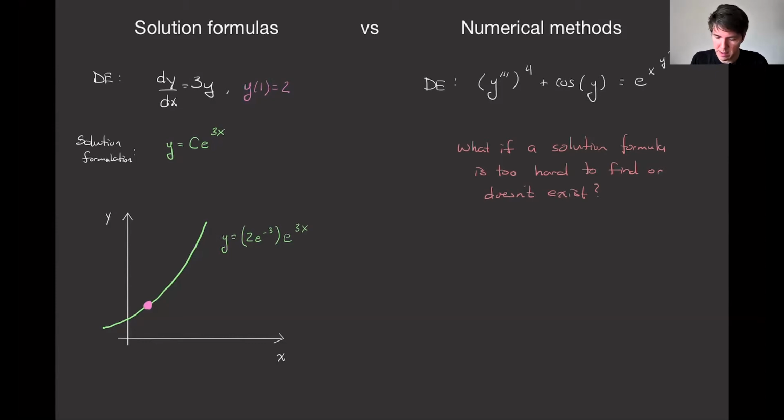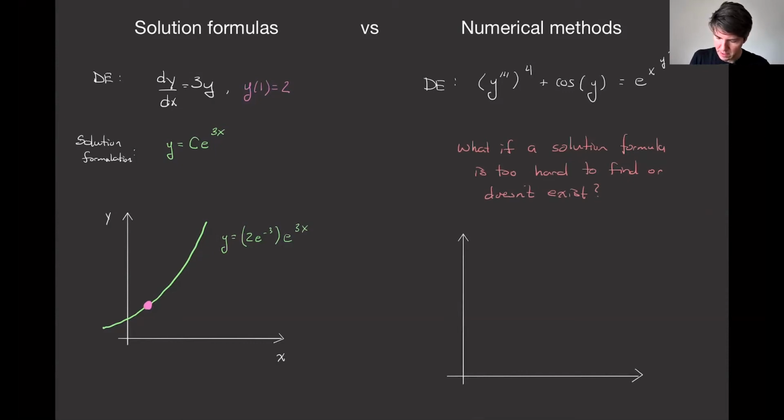So the idea is this with numerical methods in general. There are lots of different numerical methods, but every one of them operates under the same principles. The principles are that you have some starting value, which I'm also going to draw in magenta here.